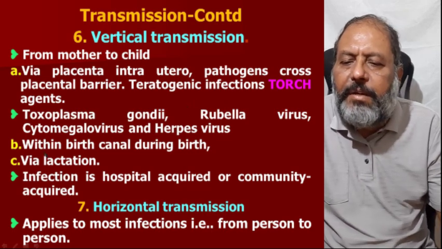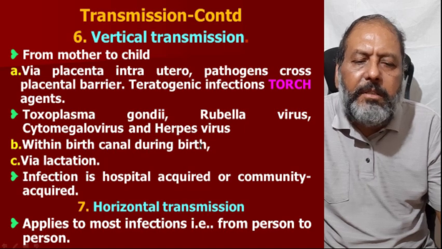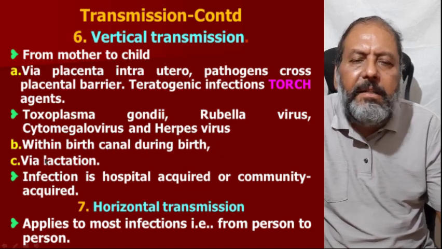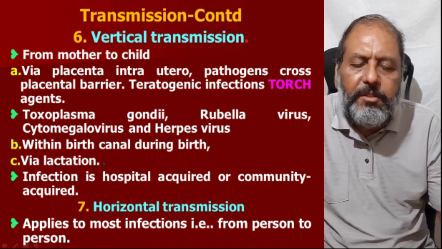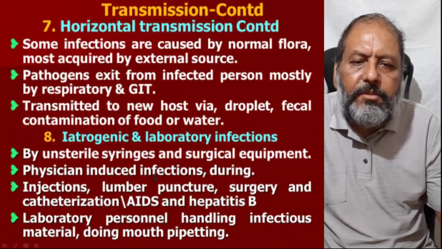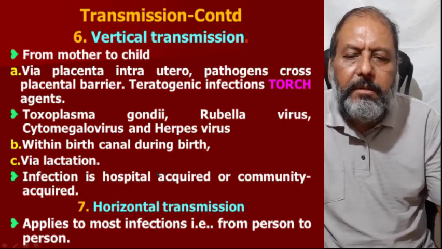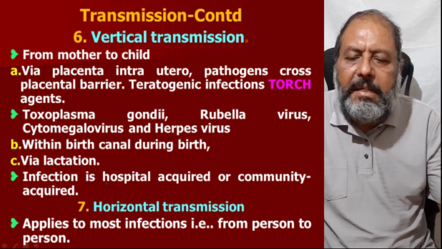Now, the other way is within the birth canal during birth or by lactation when the mother is feeding. So there is a chance of having infection through the mother via lactation.